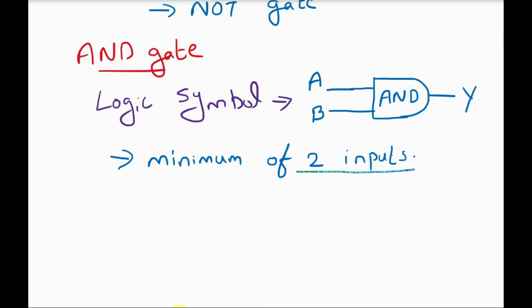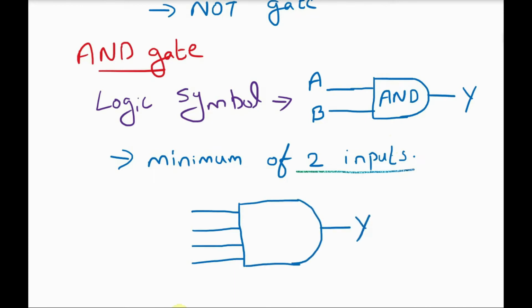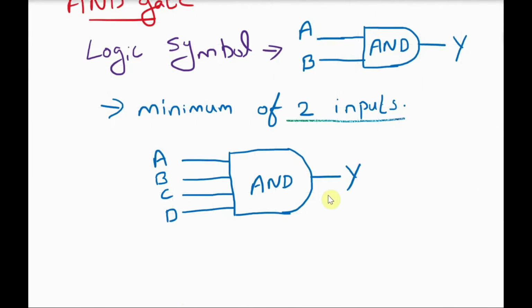We can also draw AND gate with 3, 4 or 5 inputs like this. A, B, C, D. So this is also an AND gate, but it has 4 inputs A, B, C, D. So the first figure indicates the AND gate with 2 inputs, and this figure indicates an AND gate with 4 inputs.